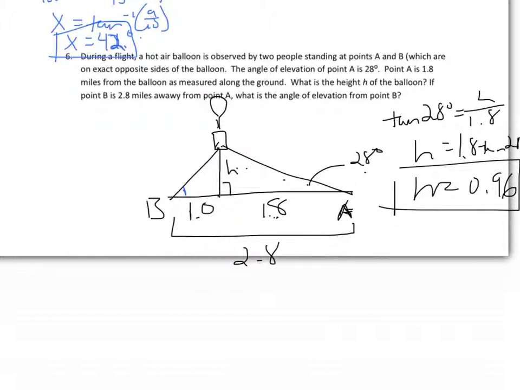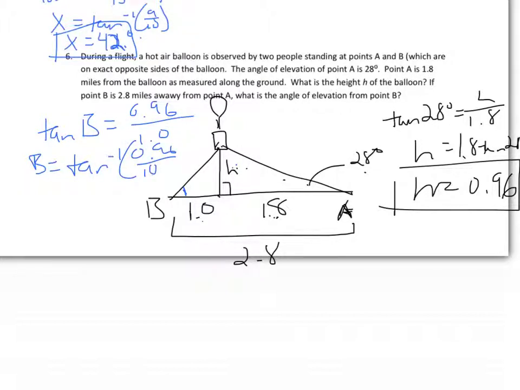So from this angle, what are these sides? Well, the opposite is h, and the adjacent is 1.0. So we're going to use tangent again. Tangent of B, angle B, equals 0.96 over 1.0. So we got to use our inverse tangent function to solve for B. Inverse tangent, 0.96 over 1.0.